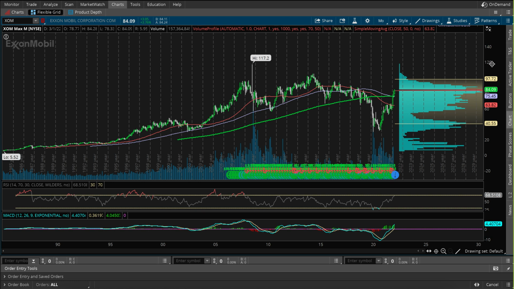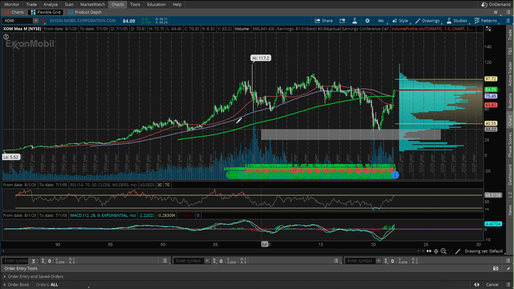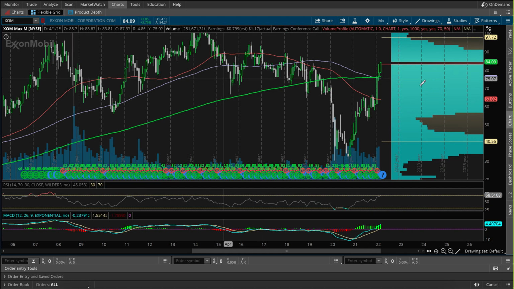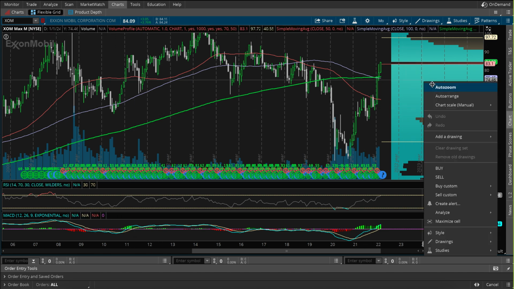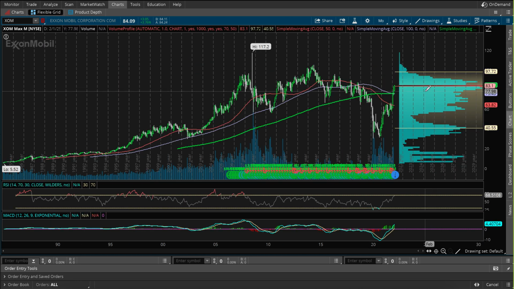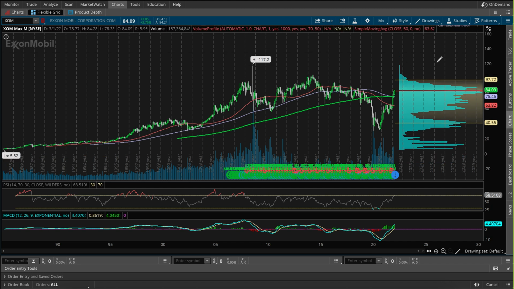Let's say I want to enter a large position into Exxon, and eventually I think that it's going to not only get back to all-time highs, but exceed all-time highs and continue to increase in value.